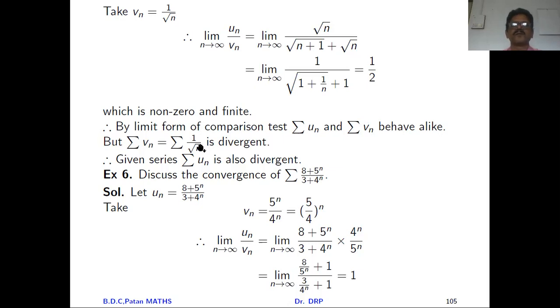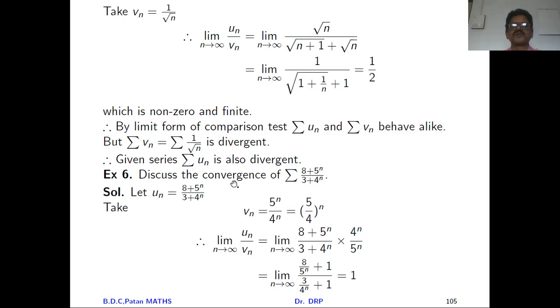If you compare it with 1 upon n raised to p, you will get p equal to half, and that value is less than 1. That's why by using the p series, summation vn is divergent. So if summation vn is divergent, you will get summation un is also divergent, which means the given series is divergent.